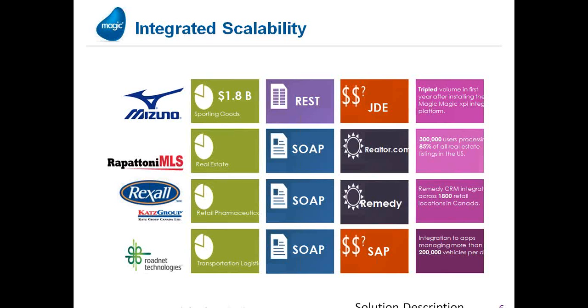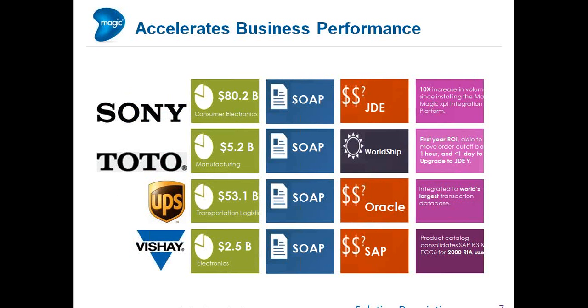Rapattoni, that has a Magic XPA application that supports some 300,000 users, processing 85% of all the real estate listings in the U.S. Rexall, which has their Remedy CRM integration solution across 1,800 retail locations in Canada, utilizing Magic XPI technology. Roadnet Technologies, which has integration to apps managing more than 200,000 vehicles per day.